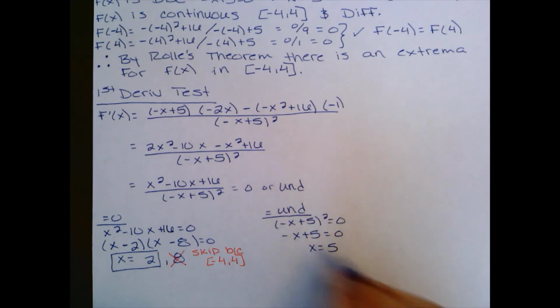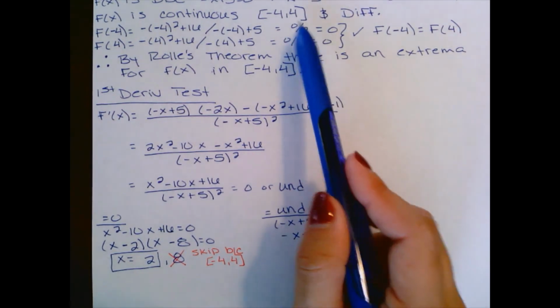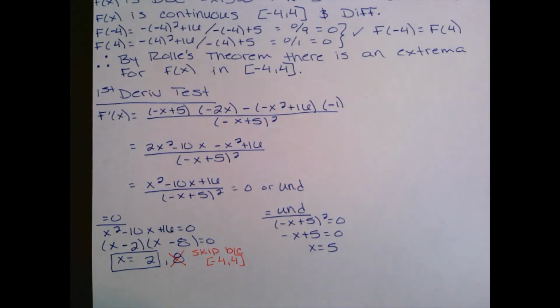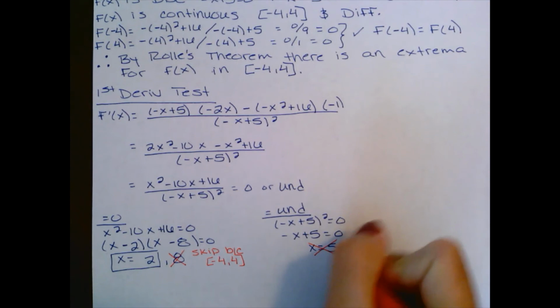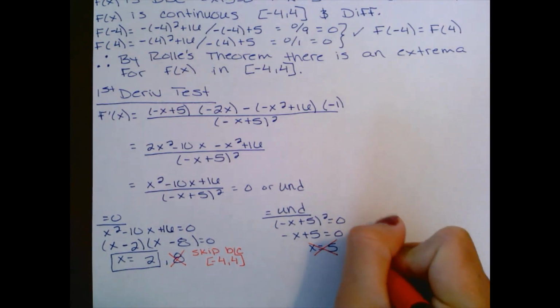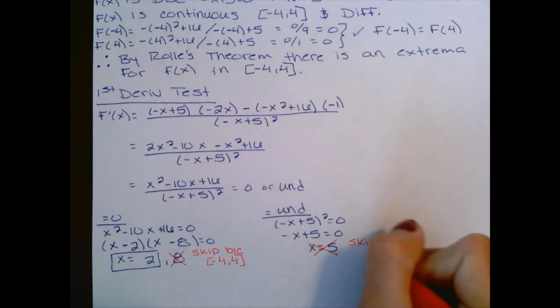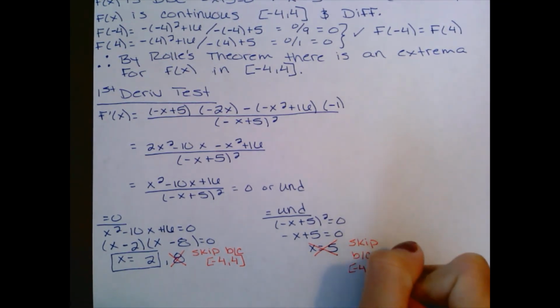Or you can move the 5 and then the negative. Now, one more time, check your interval. I'm looking from negative 4 to 4. 5 does not land in that either. So here's another one that we're going to skip because of the interval being from negative 4 to 4.